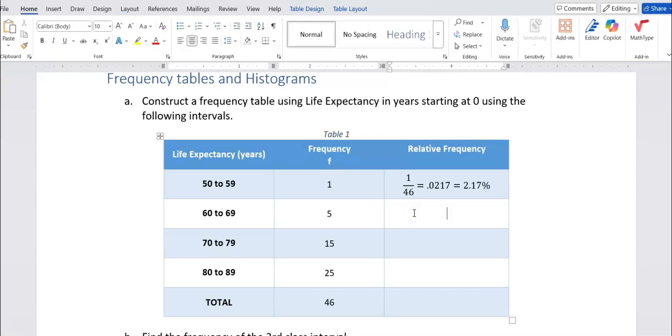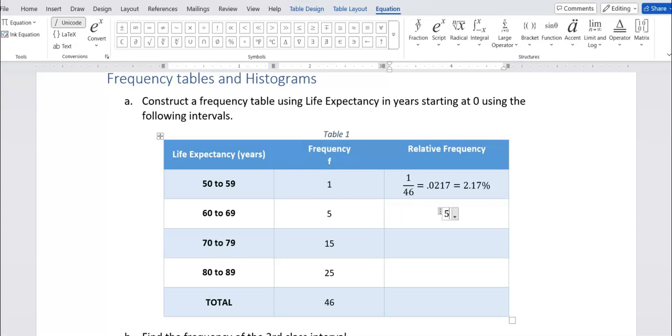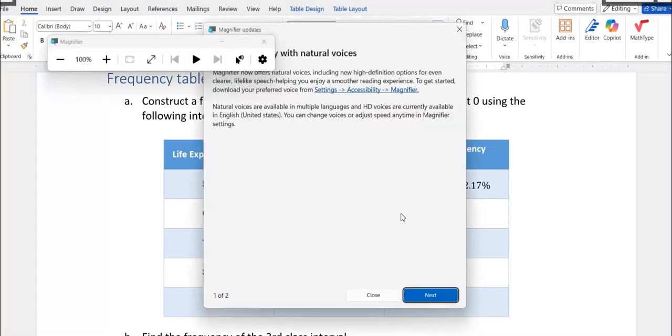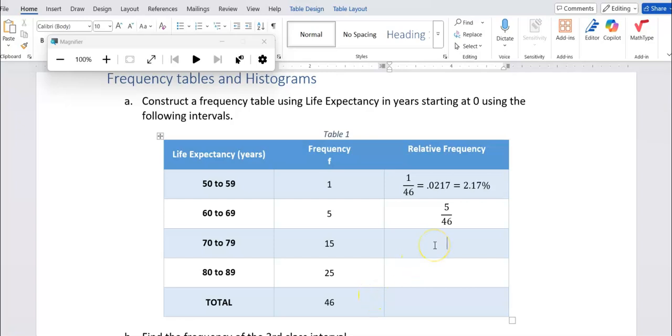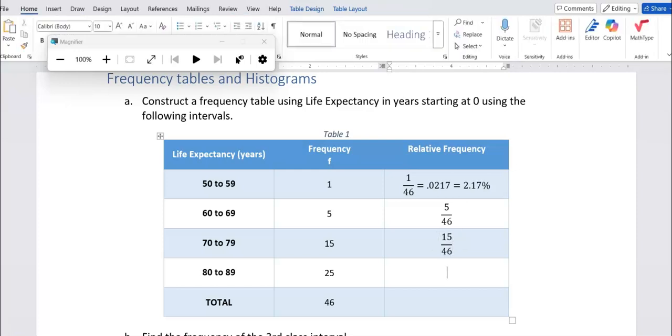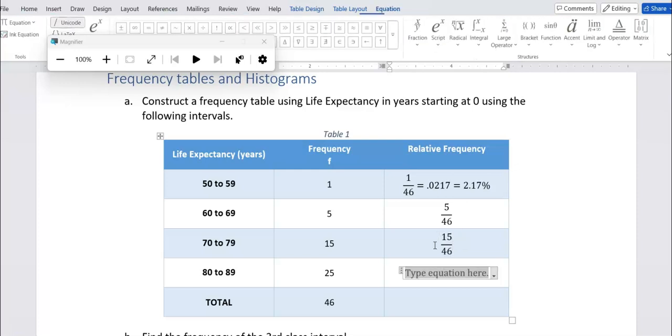We do the same with the others. First of all, we're going to go to Insert, where I can use Alt+=. So that's going to be 5 divided by 46, and then 15 divided by 46, then 25 divided by 46.